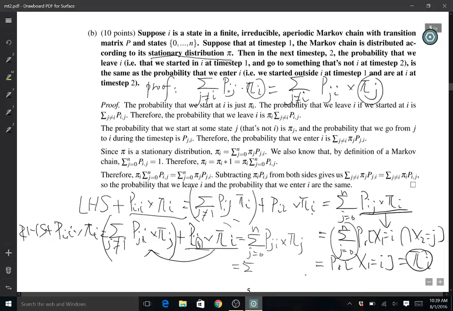This is a summation over all j, and this probability actually is the probability that X1 equal to j intersect X2 equal to i. Sorry, I need to erase part of these things.